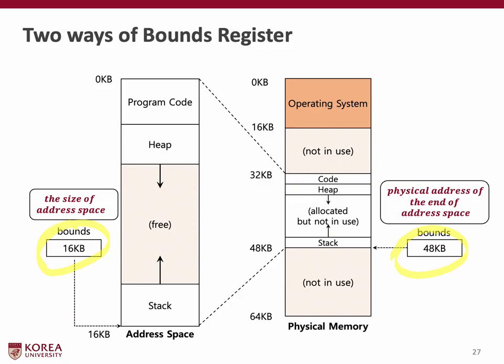So in this case, it's 48 kilobyte. Either way, the MMU uses the base and bounds registers together to ensure safe and correct memory access for its process. So basically, there is no big difference no matter which method we use.